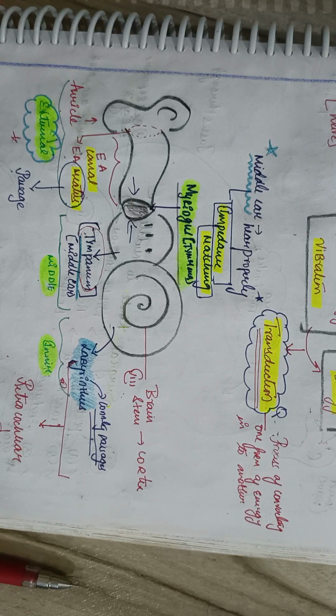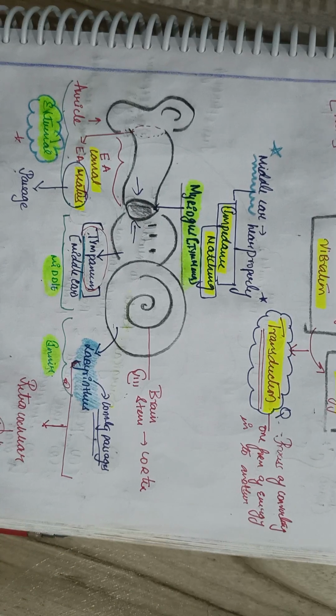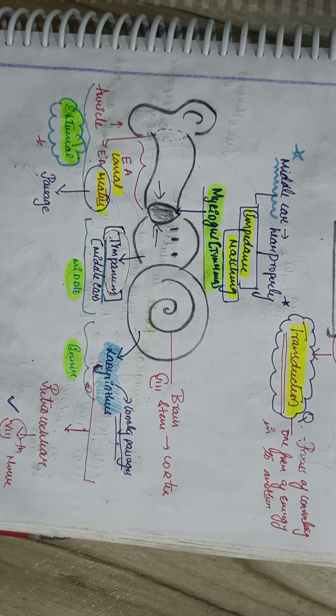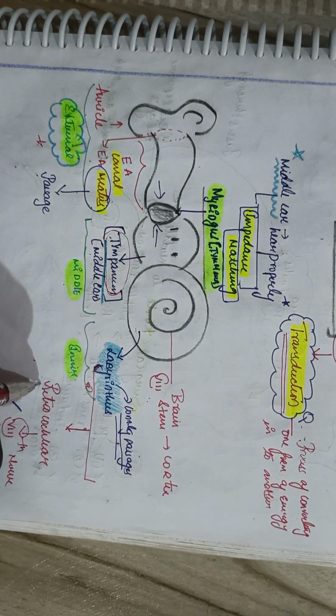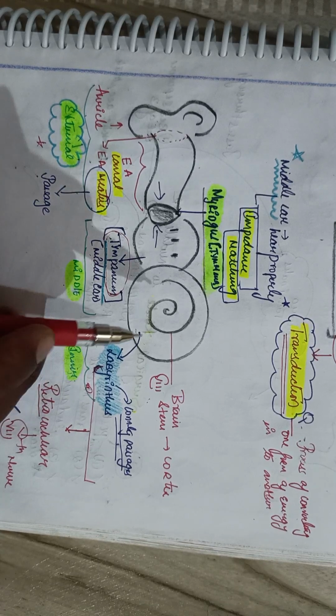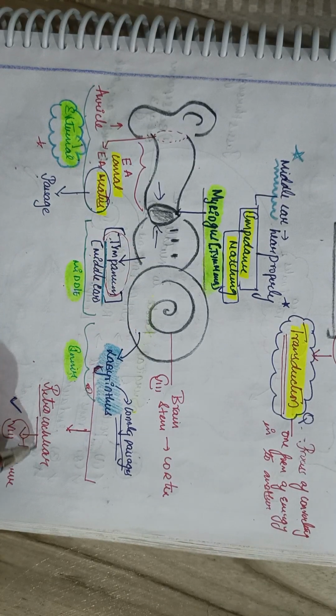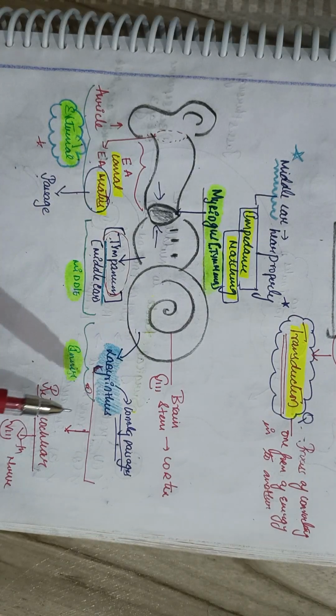Now, anything after this labyrinthus, anything after the inner ear, which is behind the cochlea, we call retro.